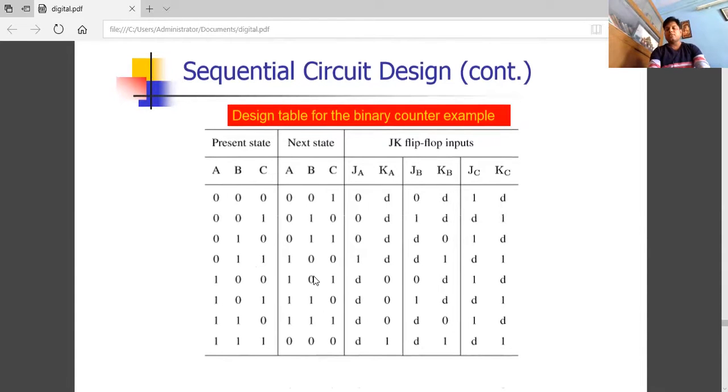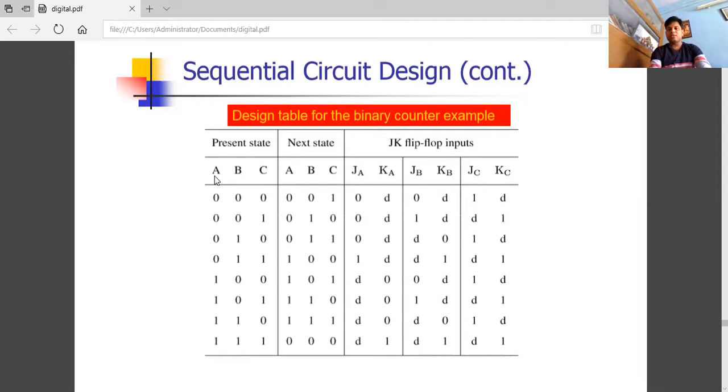It is made with JK flip-flops. Using JK flip-flops, we cover A's present state and next state. For A, 0 to 0, for B 0 to 0, and for C 0 to 1. Since there are 3 bits, we use 3 JK flip-flops: JA KA, JB KB and JC KC. First we cover the first flip-flop.